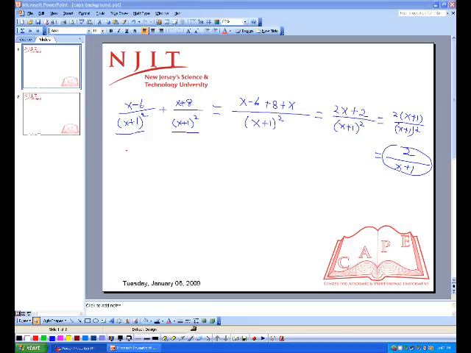Let's look at another example. This is still the case of the same denominator.